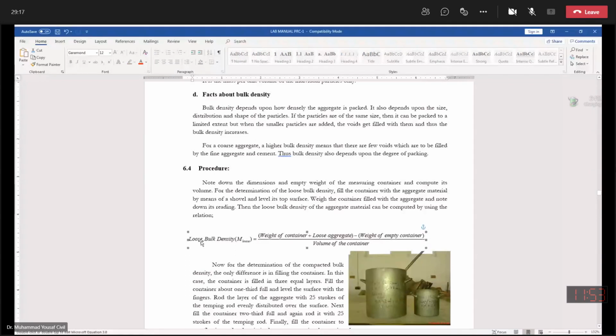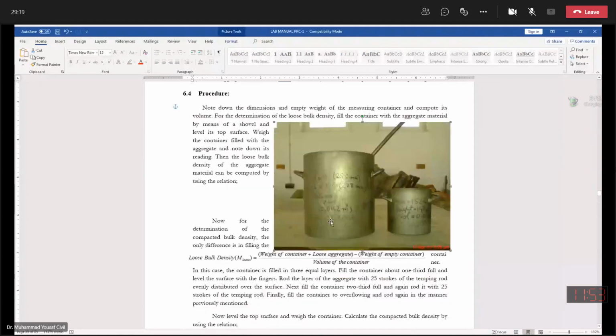What will you do? You will simply fill the material without applying any compacting effort, and it will be known as loose material.